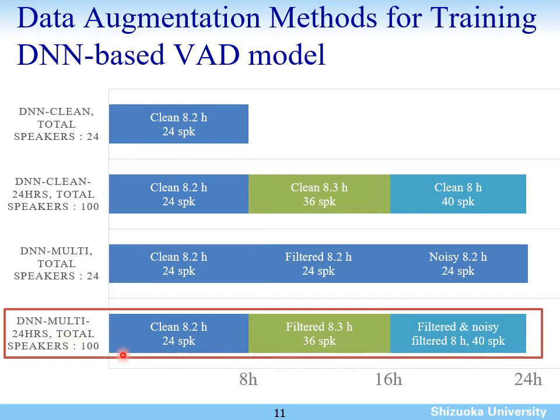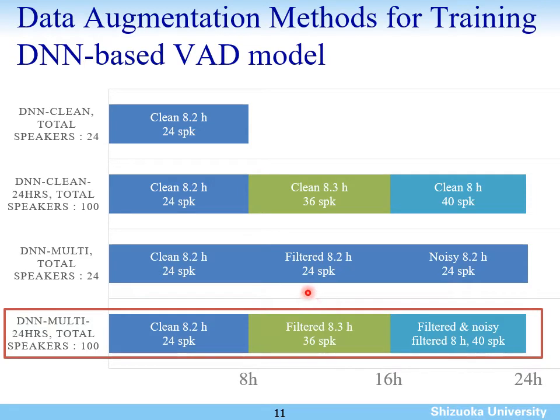There is one more approach of data augmentation observed in this work. This approach will be called DNN Multi 24 hours. Since it uses variation of clean data of 24 hours described as DNN Clean 24 hours previously, here we have additional 16 hours of clean data other than DNN Clean dataset.